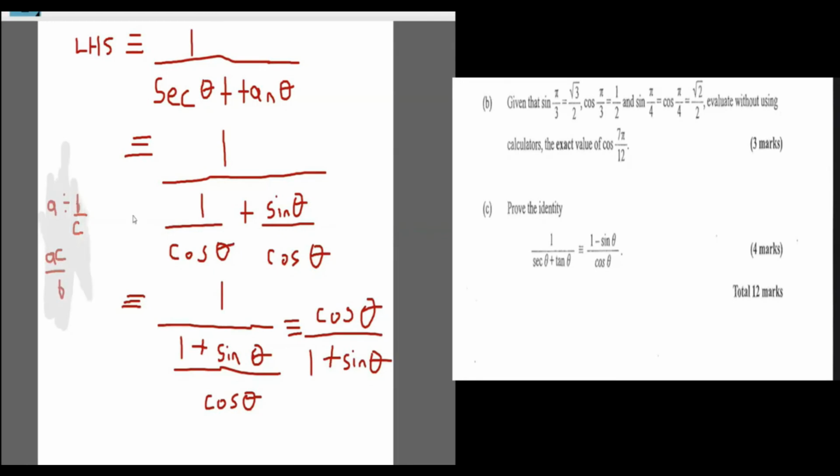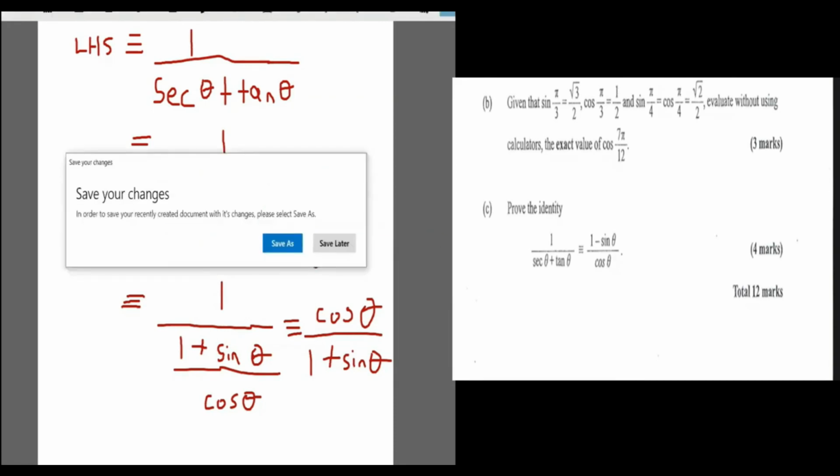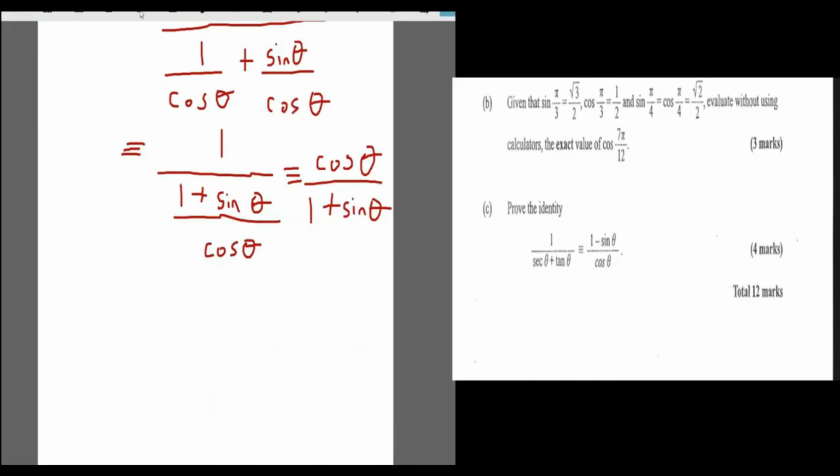Now, whenever you get to this stage, what I want you to do is multiply by the conjugate of the denominator. You might say, why would we do that, sir? Well, look what's going to happen. We have cos theta divided by 1 plus sine theta.